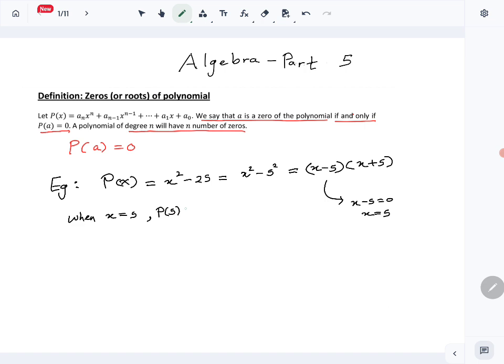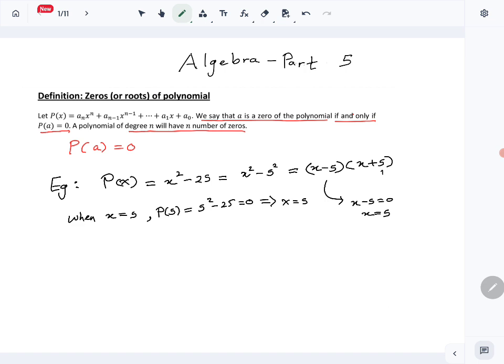P of 5 is what? 5 squared minus 25, which is 0. So what does that mean? Then x equals 5 is a zero because P of 5 is 0, right? So we know one solution or one root, x equals 5.